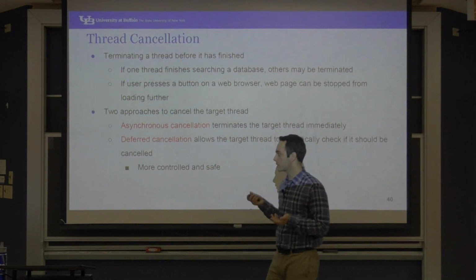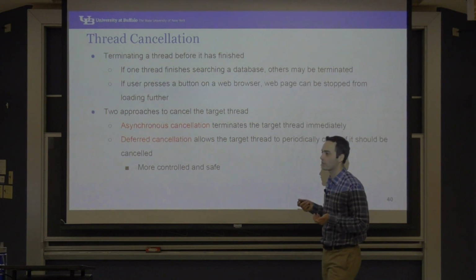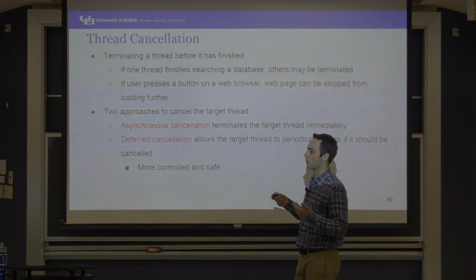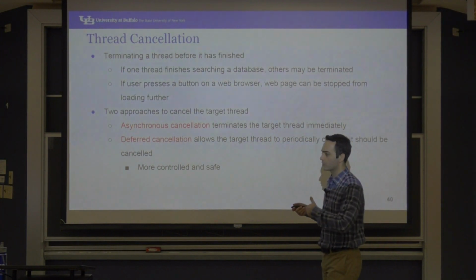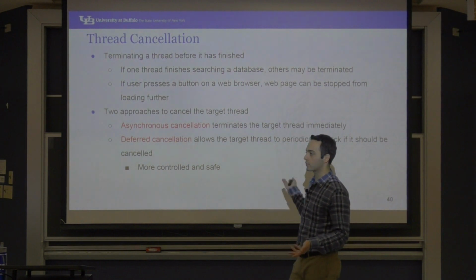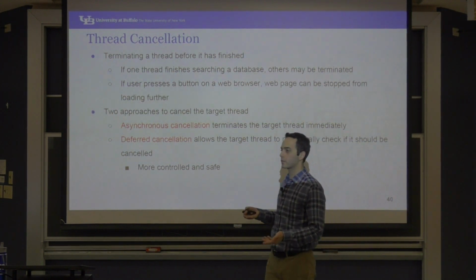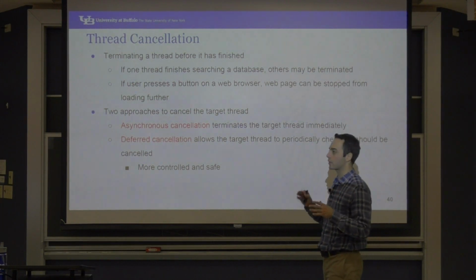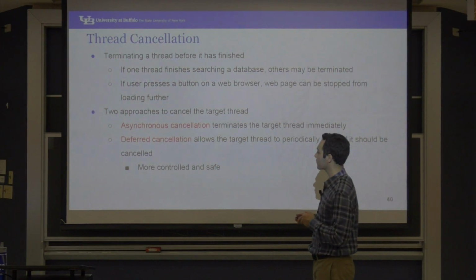That's why it's safer: it doesn't leave footprints or corrupted files. For example, if a thread wants to update a file and another thread wants to kill it, it wants to ensure that it can at least save its latest updates to the file.